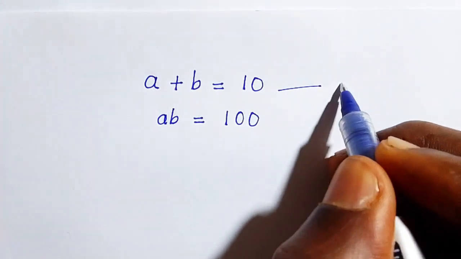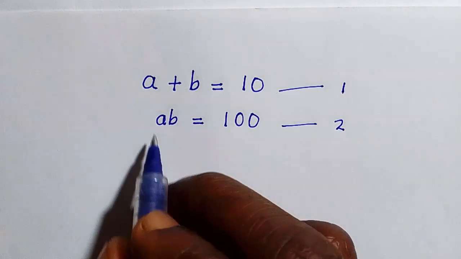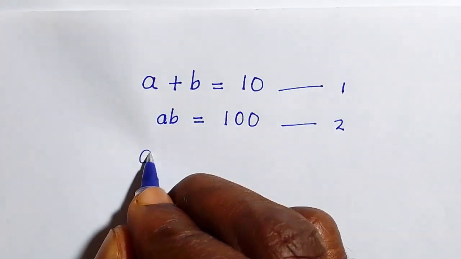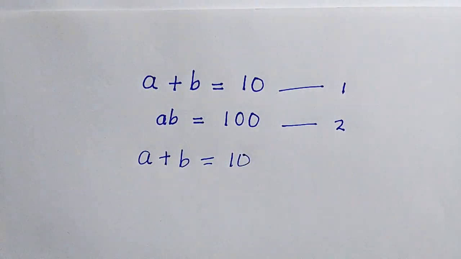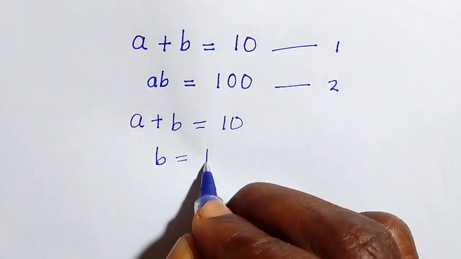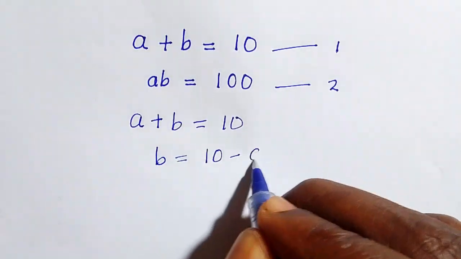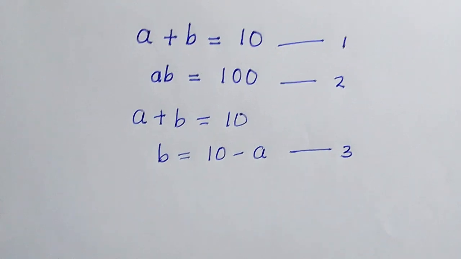So from here, this is equation 1 and here is equation 2. When we recall equation 1, a + b = 10, we make b the subject of the formula as b = 10 - a. We consider this as equation 3.